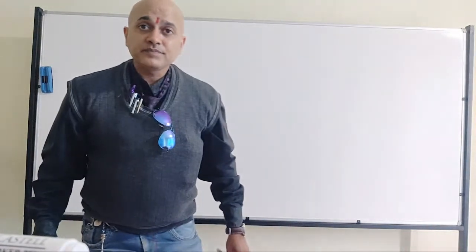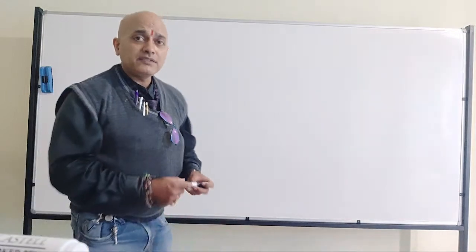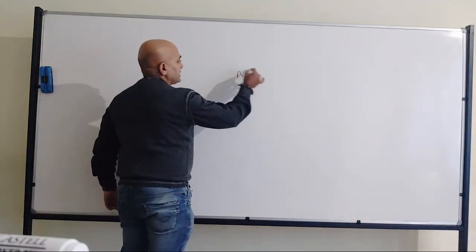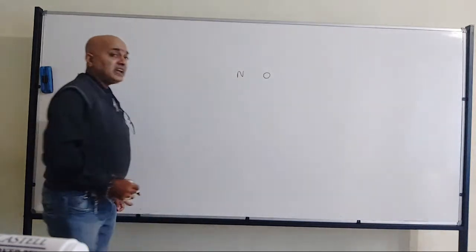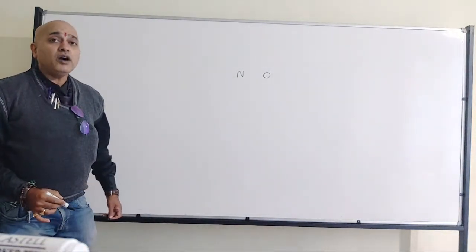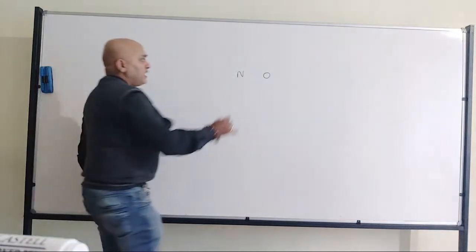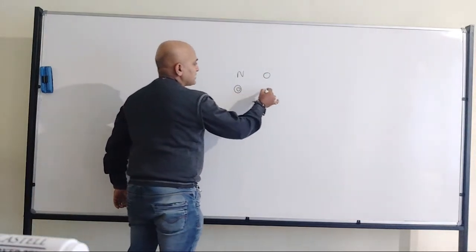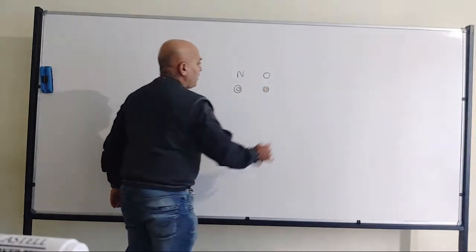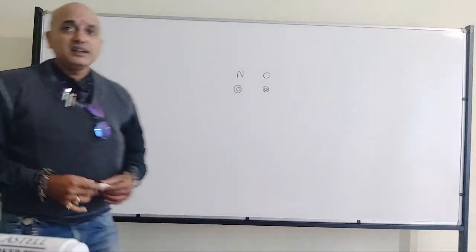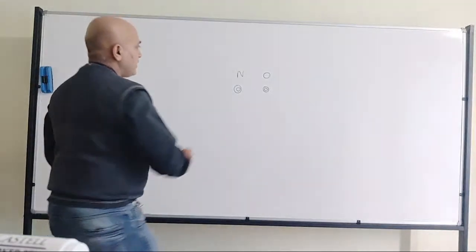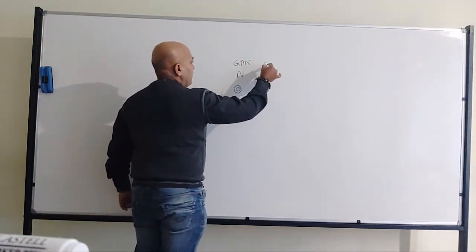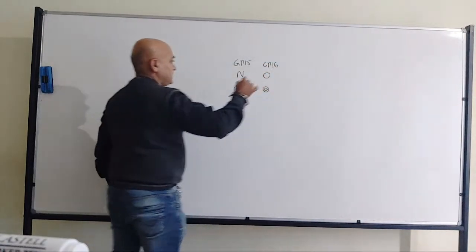See, for example, if I take nitrogen and oxygen, now the atomic size of nitrogen should be a bit larger compared to oxygen. All of you will agree? Right? That is because nitrogen belongs to group 15 and oxygen belongs to group 16.